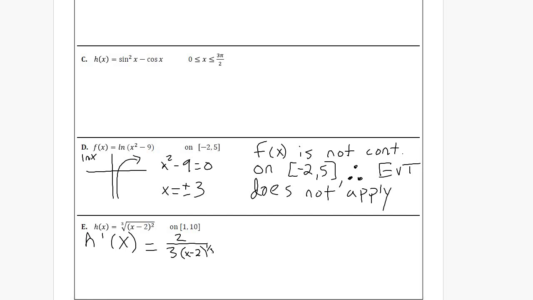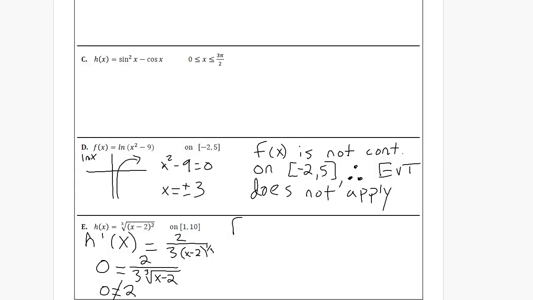So this is what I was talking about: if we set this equal to 0, notice that this is the cubed root of x minus 2. There is no way that that can equal 0, because basically we would be looking at where the top equals 0, and that doesn't happen.